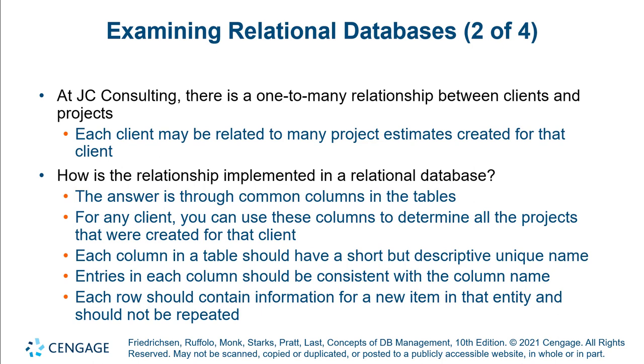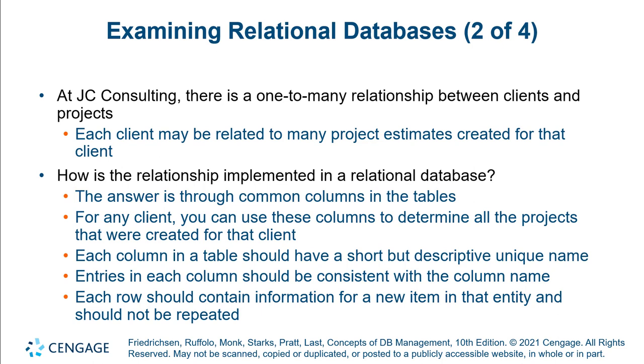So for example, client ID number 3 is Mid-States Auto Auction, right? And so they have multiple projects. They got project ID number 3 and they got project ID number 8, and same with other clients. And that's how we create that one-to-many relationship, or any relationship within our database, is by incorporating common columns within multiple tables. And so that's how we tie those two relations together.